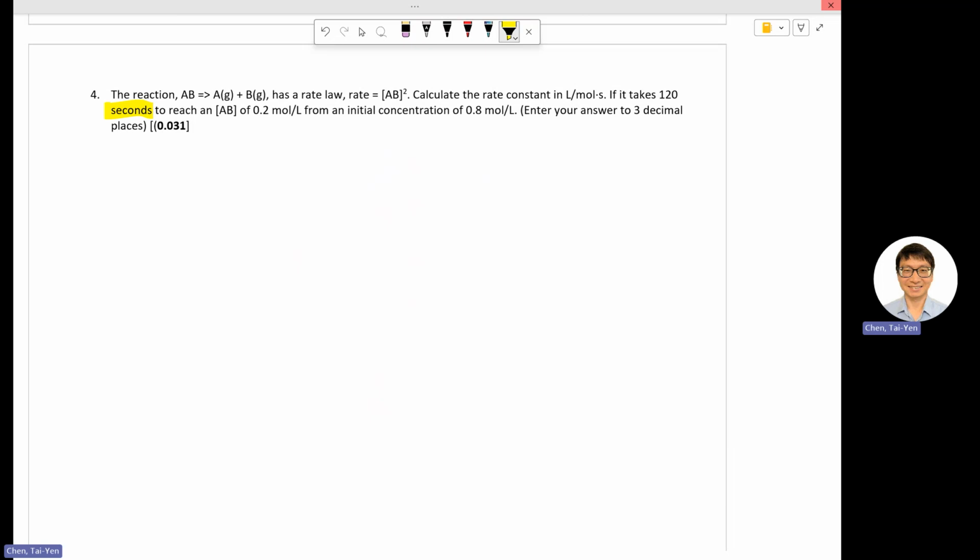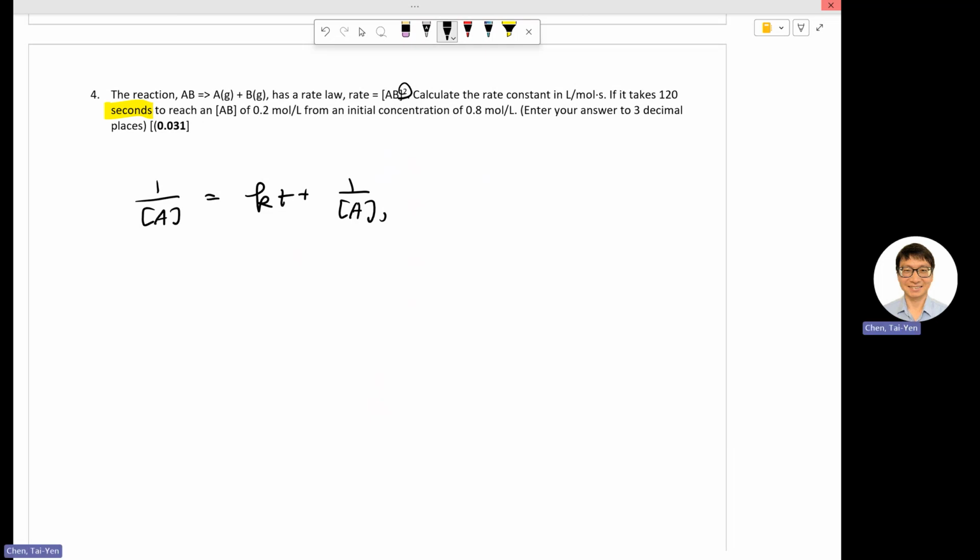What is the reaction order? Second order, right? So what is the equation to use? Second order, not first order. You know it's second order, you know exactly the integrated rate law. That is the equation to use.